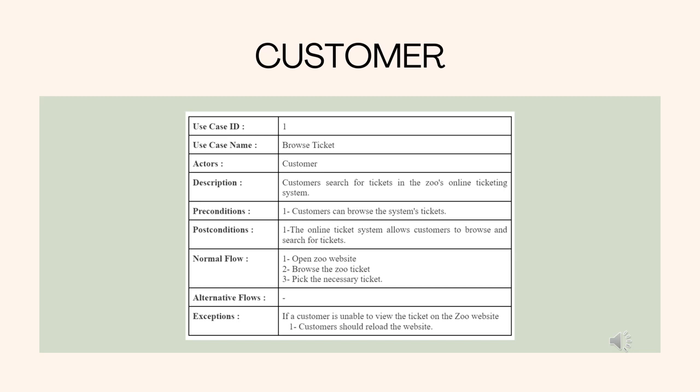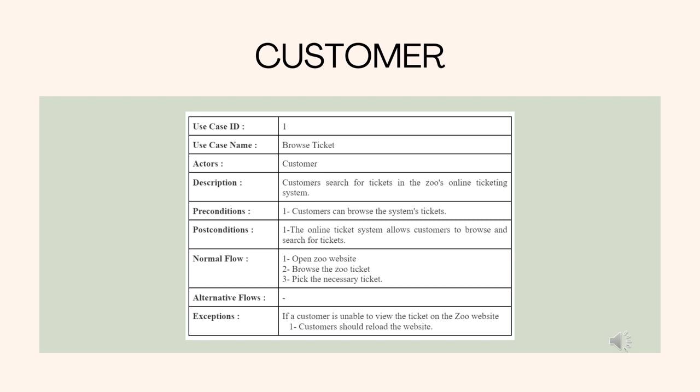For browse ticket, customer can search for ticket in the Zoo online ticketing system. Precondition for browse ticket, customer can browse the system ticket. Post condition for browse ticket, the online ticket system allows customer to browse and search for ticket.